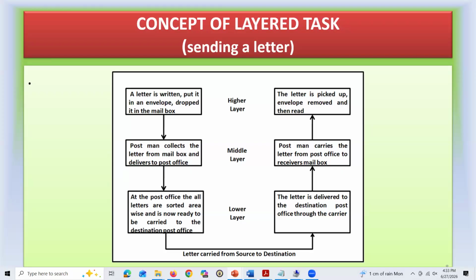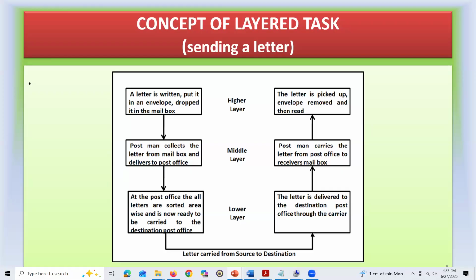We'll have the sender preparing the message, and the message will be put in a format that will be made available for transmission. Then it will be packaged. After packaging, it will decide the means by which to be sent. That is the transport mode.